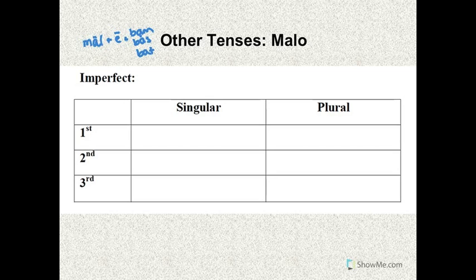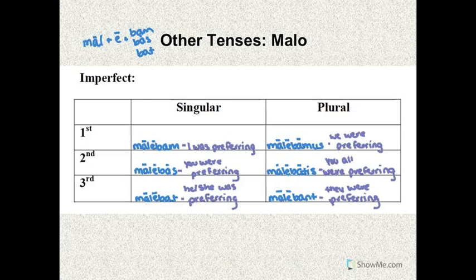In a few seconds, I'll put it up on the slide. Okay, we have malebam, I was preferring, malebas, you were preferring, malebat, he or she was preferring, malebamus, we were preferring, malebatis, you all were preferring, and malebant, they were preferring.